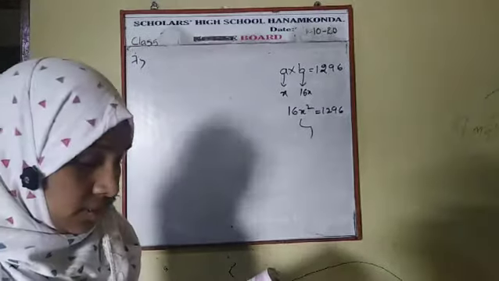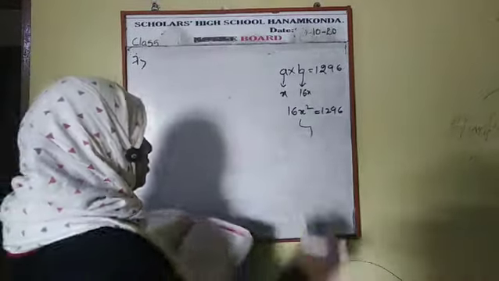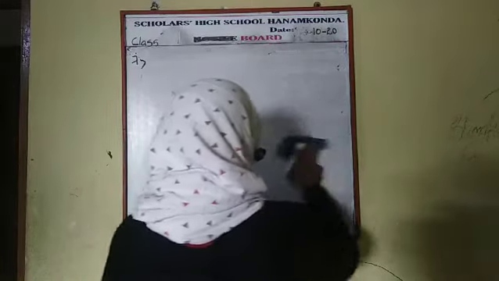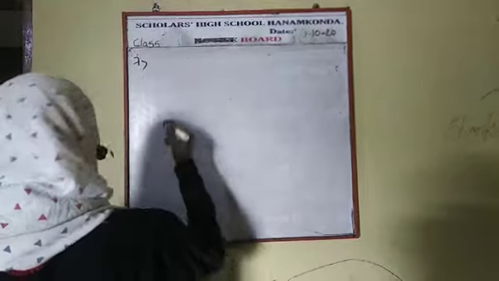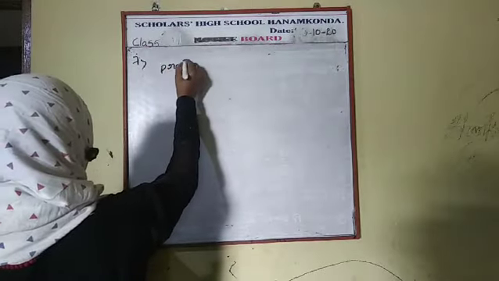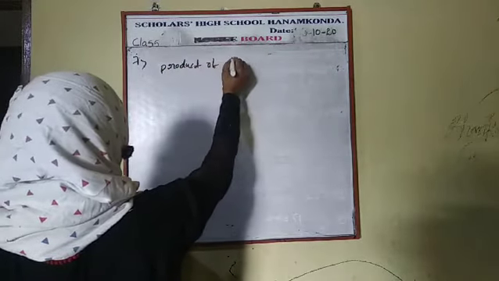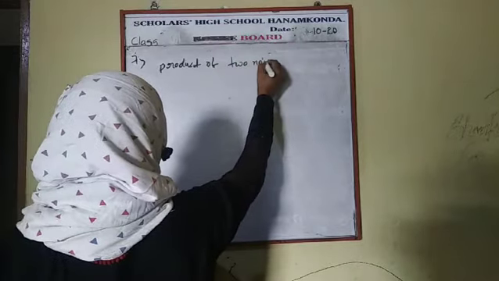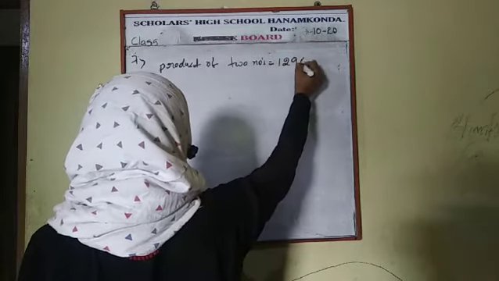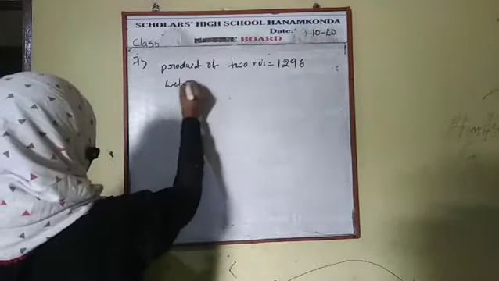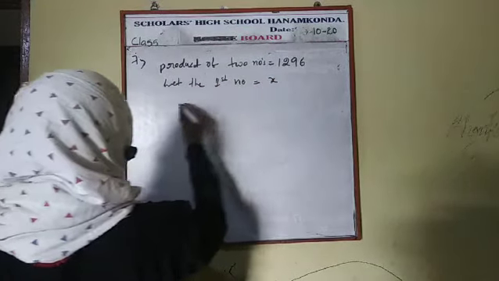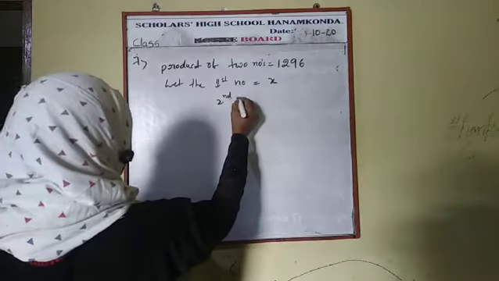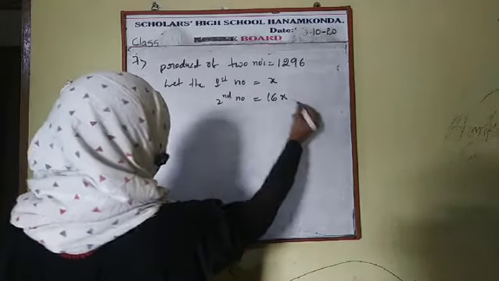Okay beta, now solve this. Do with me only. Write down, the product of two numbers, how much beta? 1296. Let the first number be x, then the second number is 16x, 16 times.